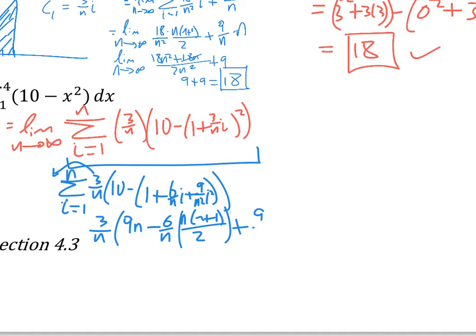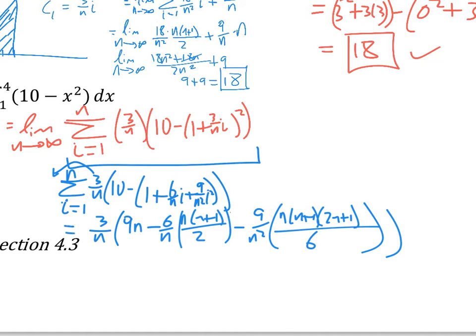Plus, we've got 9 over n squared. Actually, again, that's a minus because we've got to distribute that negative. 9 over n squared. And that's going to be times n plus 1 times 2n plus 1 all over 6. Okay. So that's going to become that.